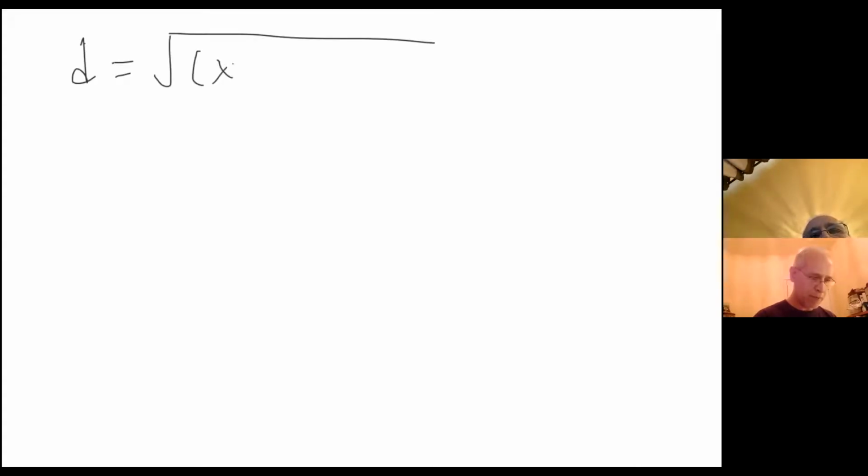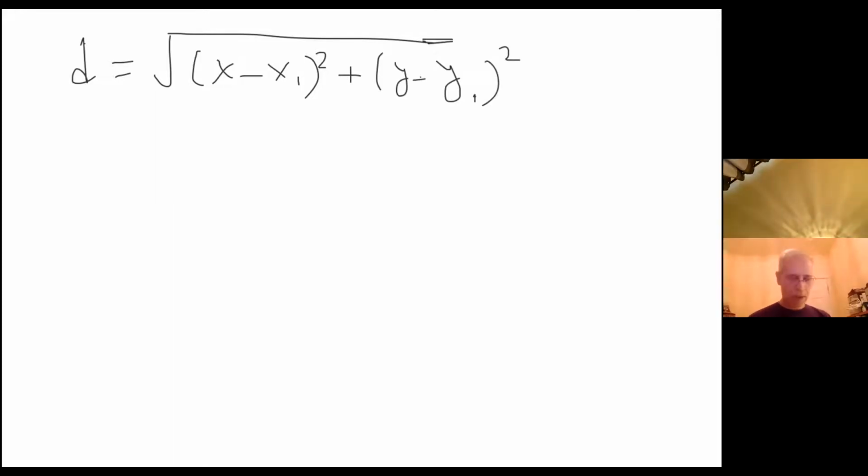What do we know about the distance formula? We know that d equals the square root of (x minus x sub 1) squared plus (y minus y sub 1) squared. We have two points: one is (x, y) and the other is (1, 0).